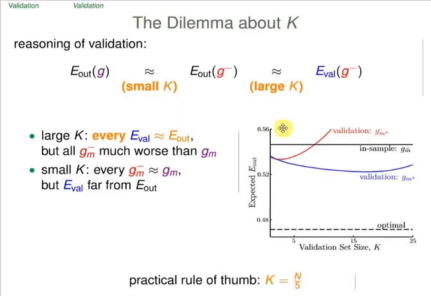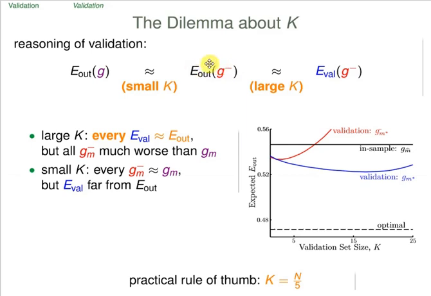Now we have the dilemma about the size of K, the validation size. For G minus, for instance, if you use large K, then we would like to know the actual out of sample error performance of G. But we have only E validation of G minus, which is supposed to be an estimate of E out for G minus.